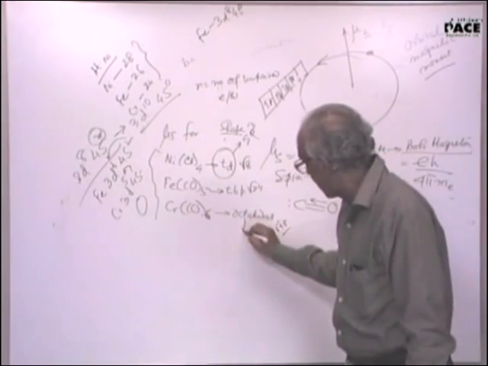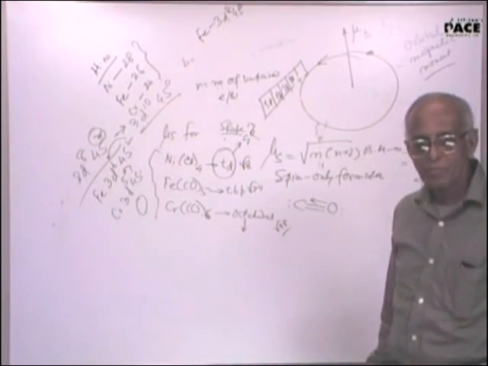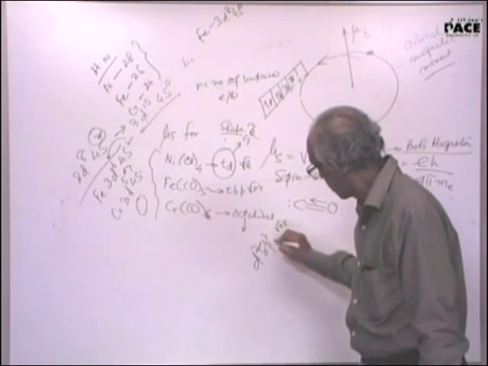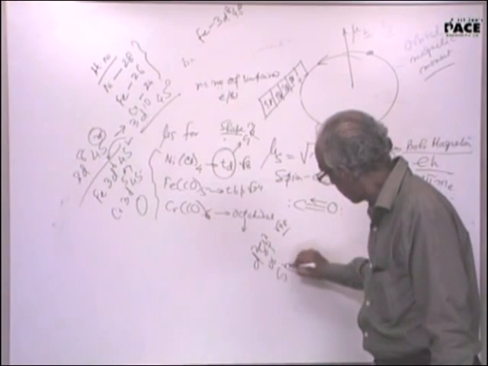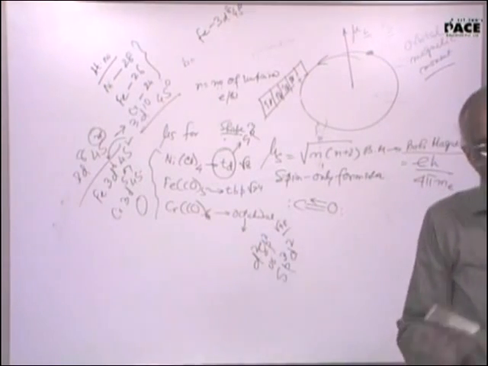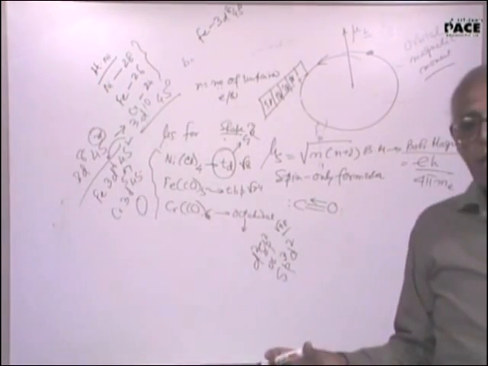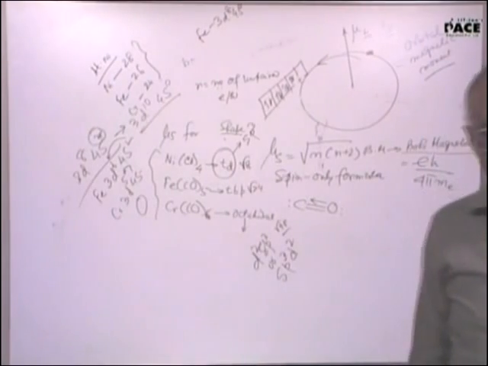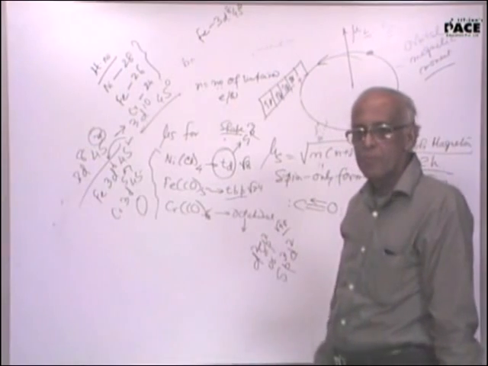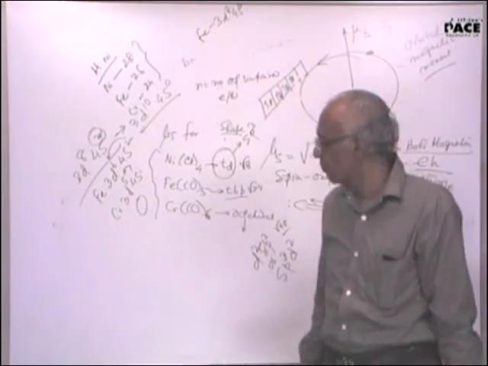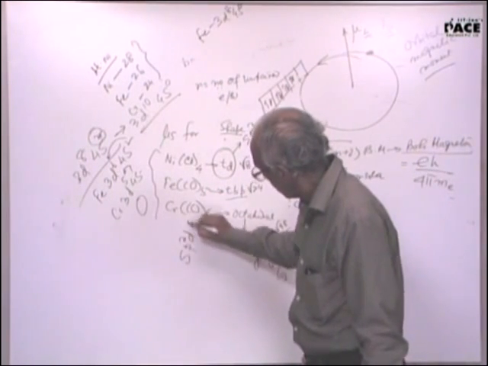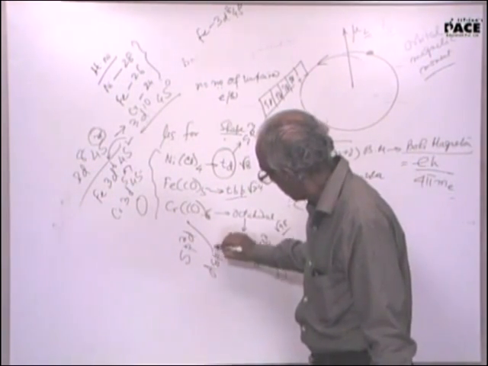If it is octahedral, what is the hybridization? Two possibilities, d2sp3 or sp3d. For trigonal bipyramid, dsp3.